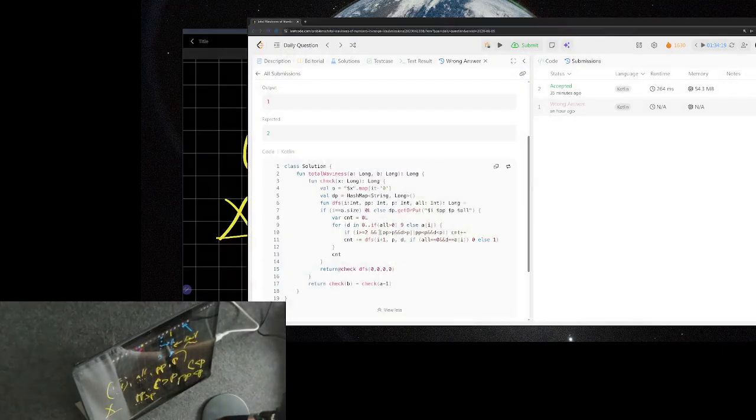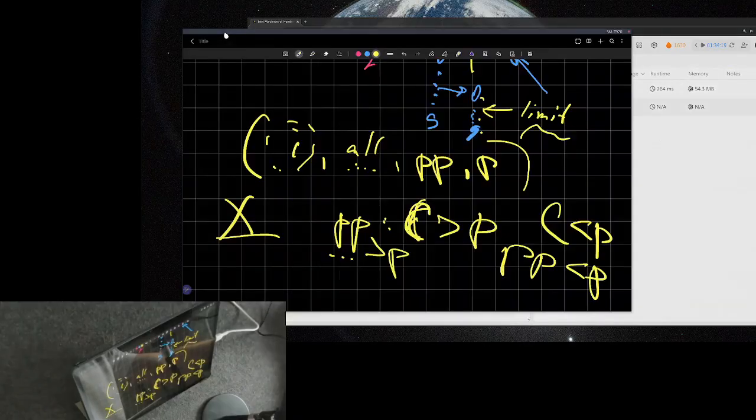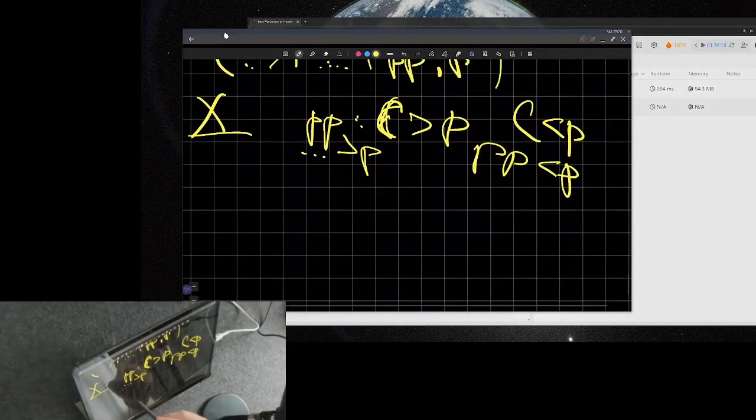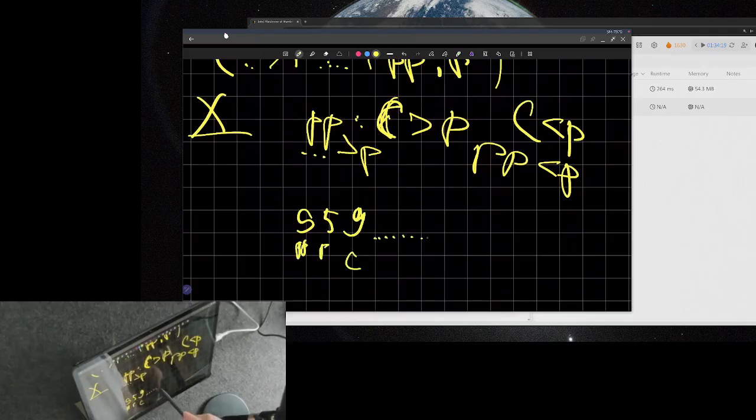Now this is how I checked it, but my intuition was wrong at first. You can't just do counter++ because you have a tail. Imagine you have 9, 5, 9. This is the current, this is the previous, and you have a big tail of zeros, for example.